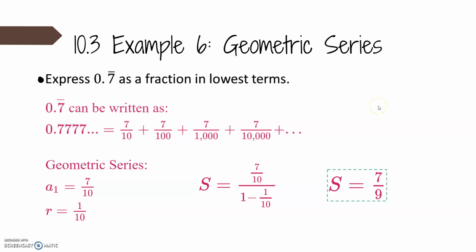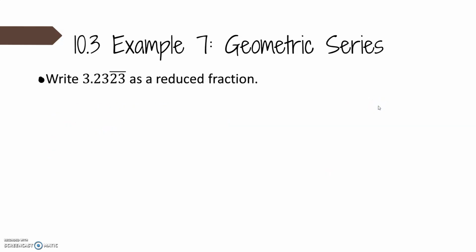Okay? Let's see the same type of process with a slightly more complicated procedure. This time we still have a repeating decimal of 2, 3, so there are 2 digits now repeating. And we have a first digit that's not part of the repeating block.